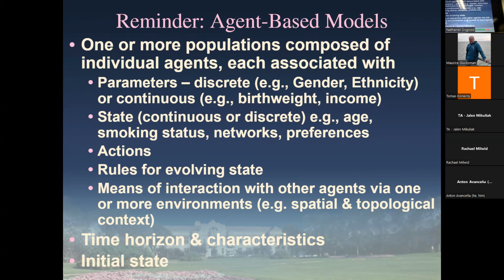For example, we're dealing with discrete distinctions there, age categories. Here we can have agents associated with continuous growth rates. Then there's state. That's the current situation of the agent in terms of something that evolves. So maybe a stereo that evolves, or their smoking status, or their preferences evolve, maybe, or their network connection perhaps evolve.